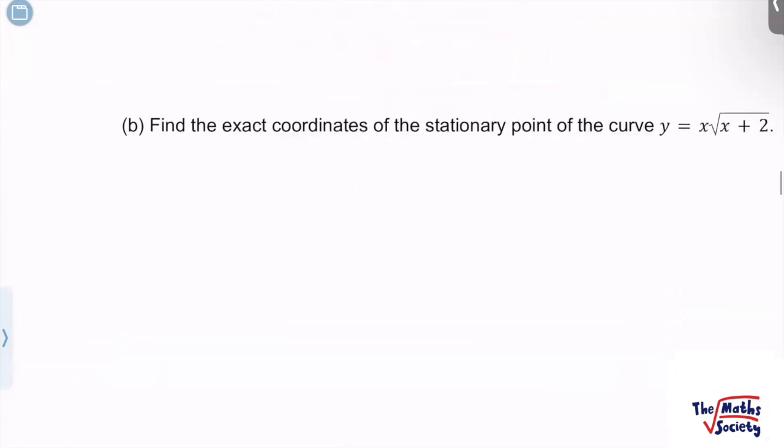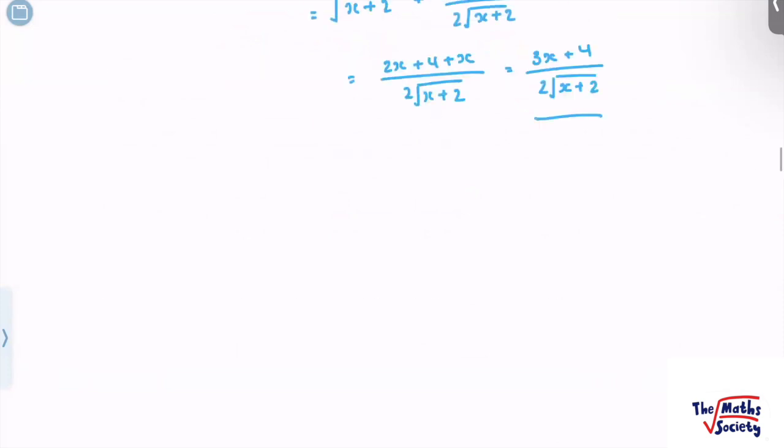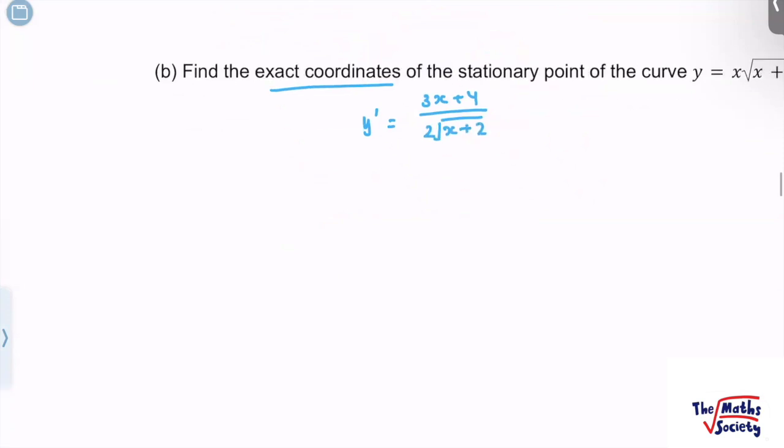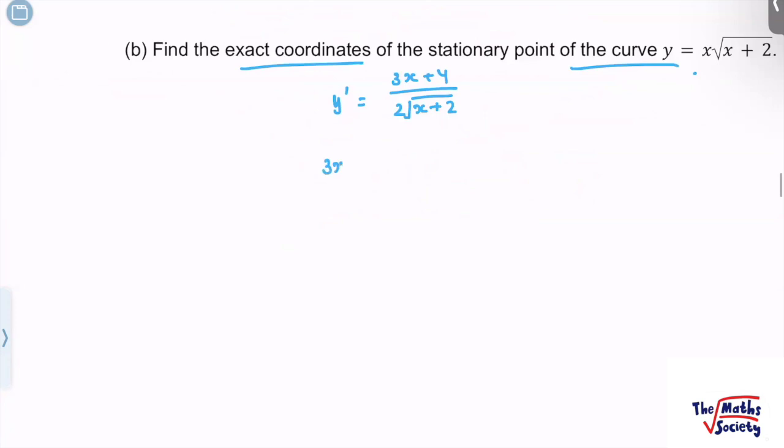And then going to B, it says to find the exact coordinates again. So we know y prime is 3x plus 4 by 2 root x plus 2. So we know the stationary point of a curve is when that's equal to 0.